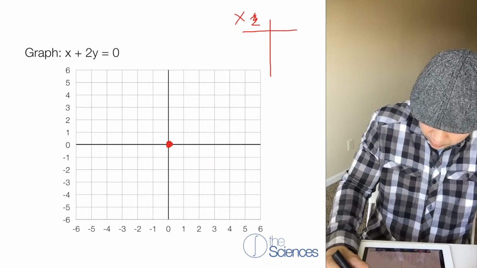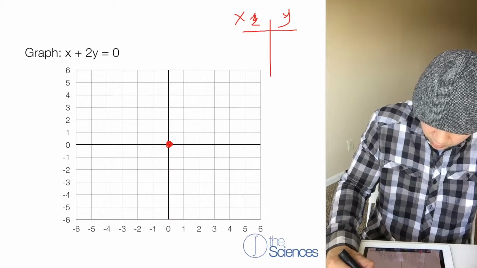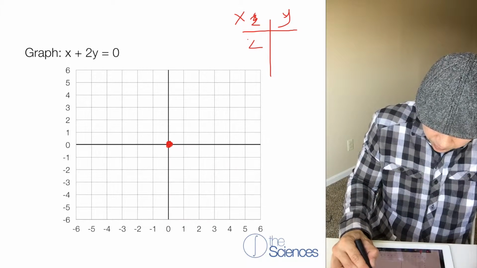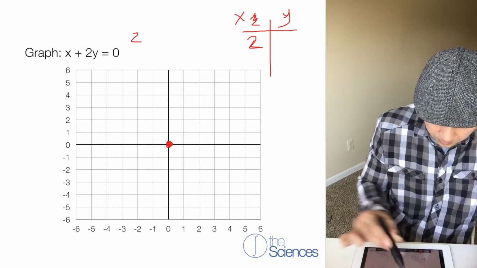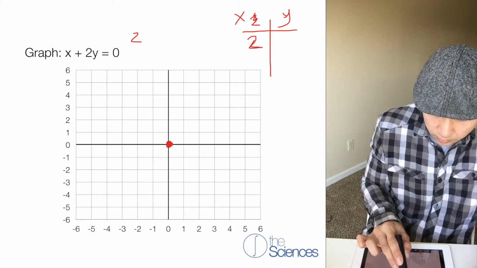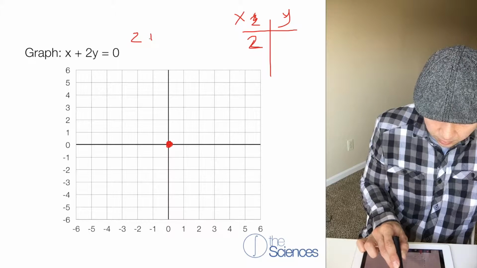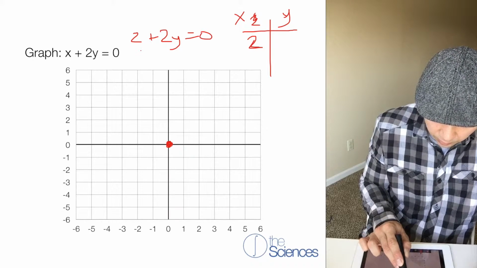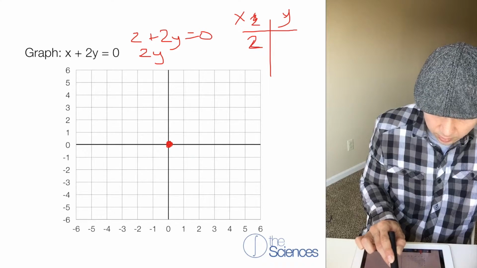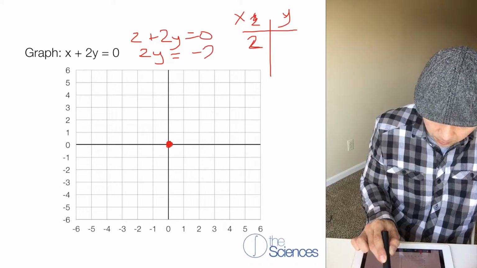So here we have our x and y points. So what would y be if x is 2? So all we're going to do is substitute 2 for x in x plus 2y equals 0. So now we have 2y equals negative 2.